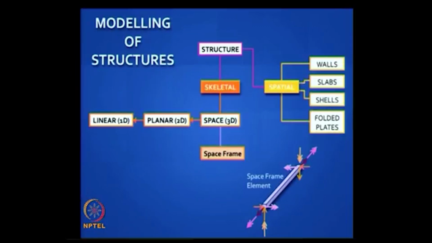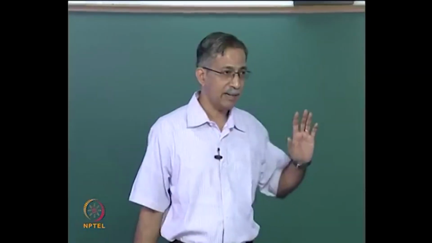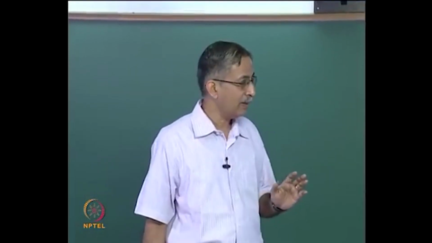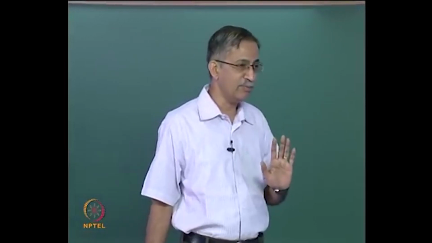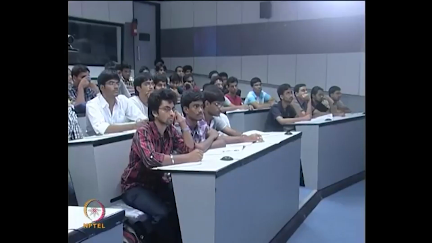So the space structure is typically made up of space frame elements. You can see a typical space frame element there. It's got 6 degrees of freedom at each of the two ends. You can describe the degrees of freedom in terms of movements, translations, 3 translations and 3 rotations in Cartesian coordinates.